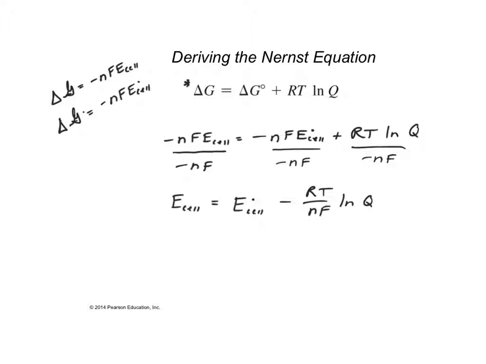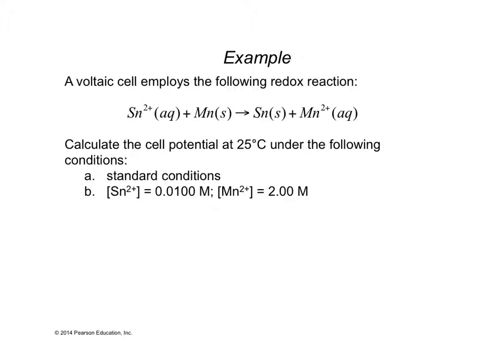Okay, so how would we utilize this? How would we determine the cell potential once we've moved away from standard state, given that we have that nice standard tabulated list of cell potentials at our disposal?